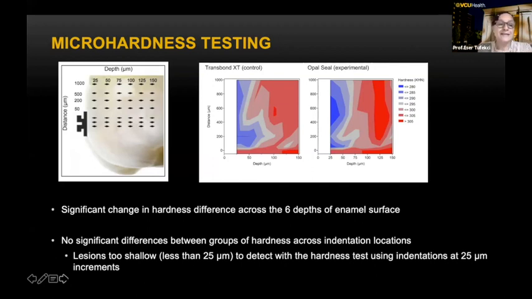You would expect that under the bracket you shouldn't see any effect because that area is covered with the bracket. What we noticed was a significant change in hardness difference across the 6 depths of the enamel surface. And we also saw that the hardness was even lower than the other areas.